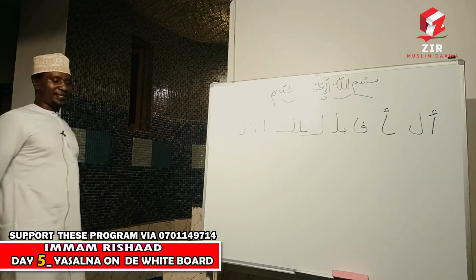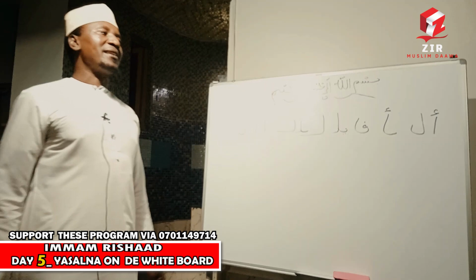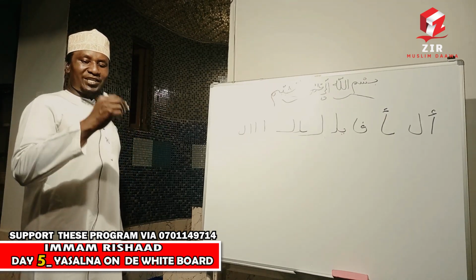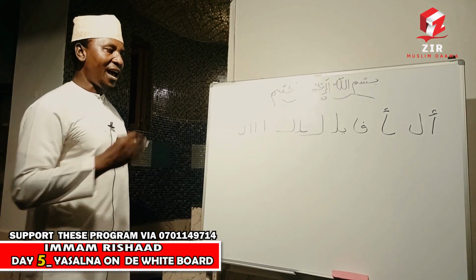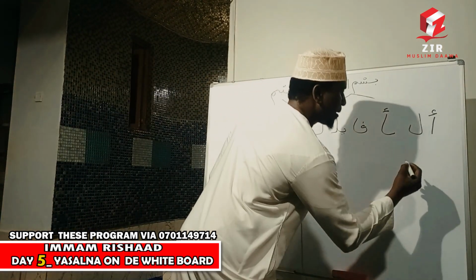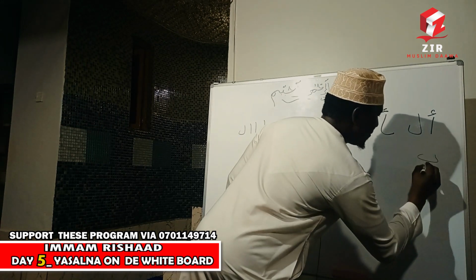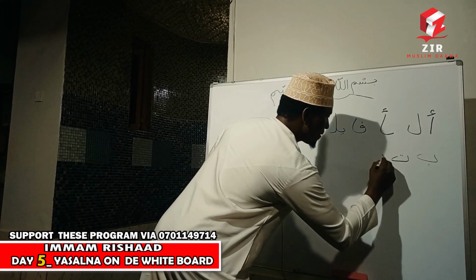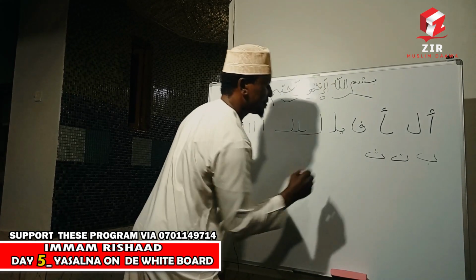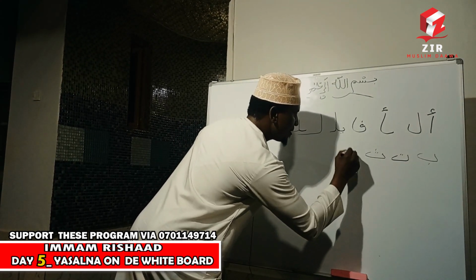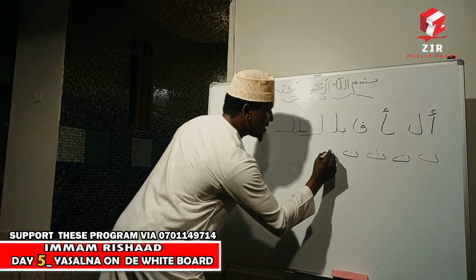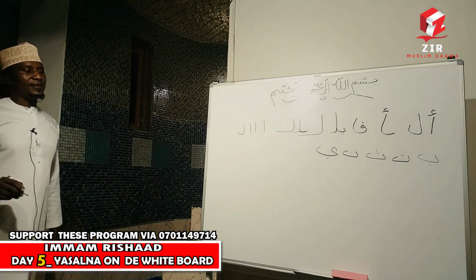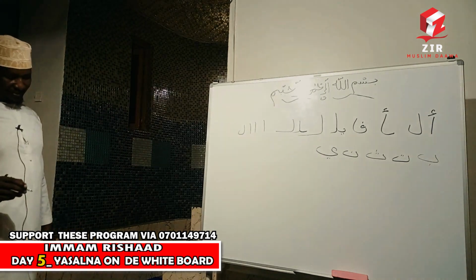The other letters that are represented on a bend, but with the change in the position of dots, are letter Ba'u, Ta'u, Tha'u, Nun, and Ya'u. I think you are seeing them.